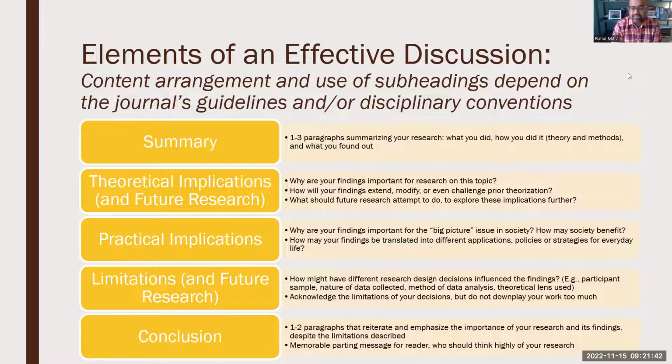So some prompt questions that you might consider when you are writing this subsection are: why are your findings important for the big picture issue in society, right? How will this benefit society in a different way? How will your findings be translated into different applications or policies or strategies for everyday life?